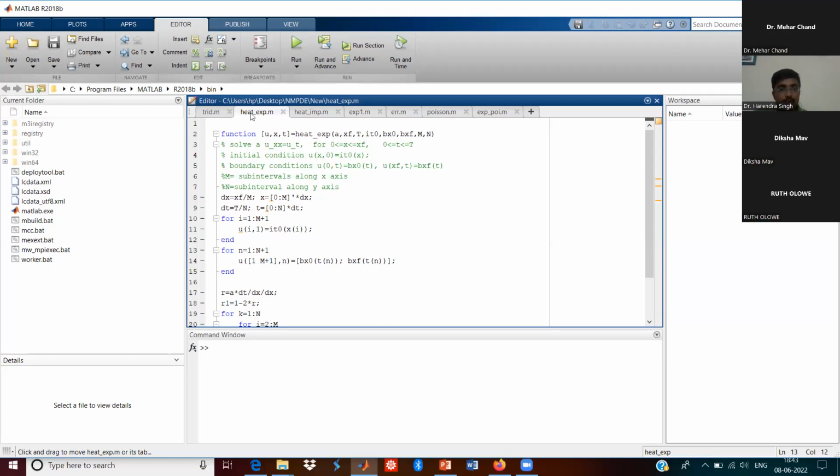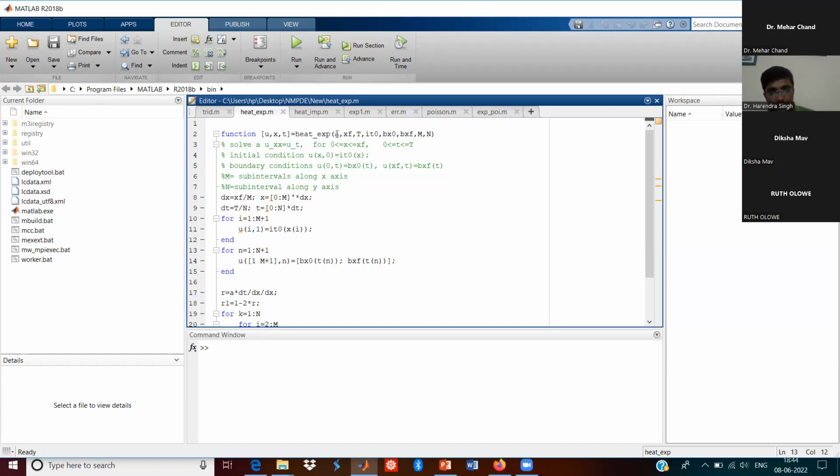You can see that I have saved this program with the name heat_exp, meaning explicit method. When I call this function in some other program, it will directly take the values from here.